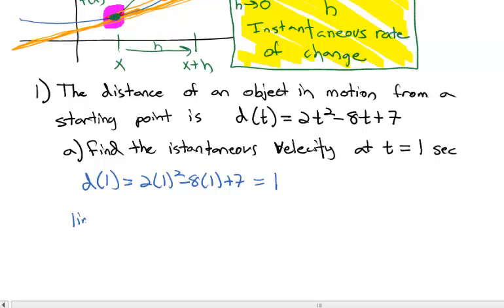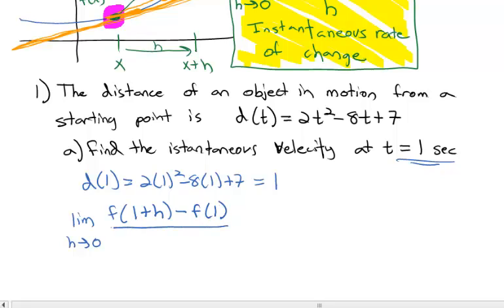And then we're going to take the limit as h goes to 0 of d of 1 plus h, since we're interested in time equals 1 second, minus d of 1, all over h. Now here's the catch. We can't just stick 0 in for h because 0 is in the denominator of the fraction. And if 0 is in the denominator, the whole thing becomes undefined. So we're going to have to do a little bit more playing.